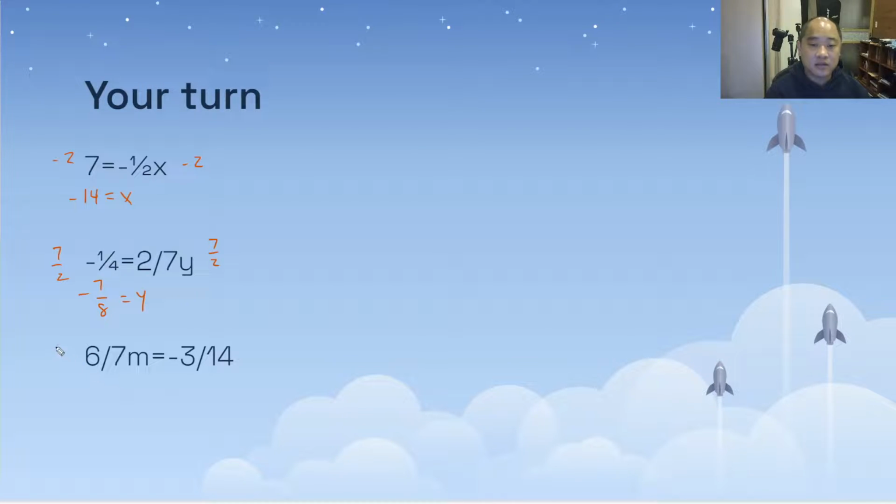And then here we're going to multiply both sides by 7/6. This crosses out, and this reduces, and we have just -1/4.